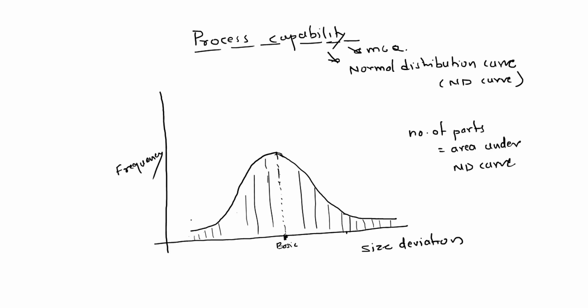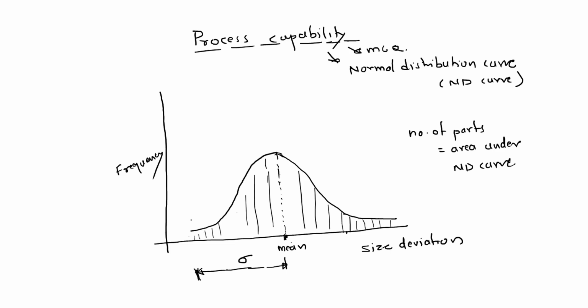This is the situation. Generally, we will be showing the spread or the deviation from the mean line. I will not call it basic, I will call it the mean. From the mean line, we will show the deviation by a term called standard deviation, and we will denote it by sigma.